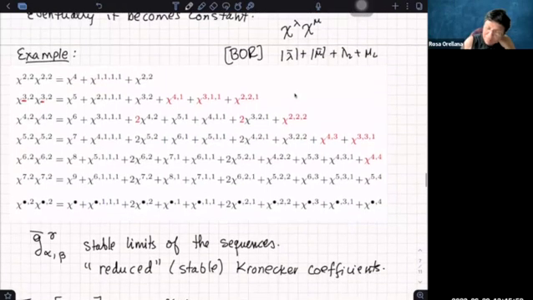That's the bound. So for instance, in this case, everything is 2. So lambda bar 2 is 2, mu bar 2 is 2. So this is 2 plus 2, so 2, 4, 6, 8.